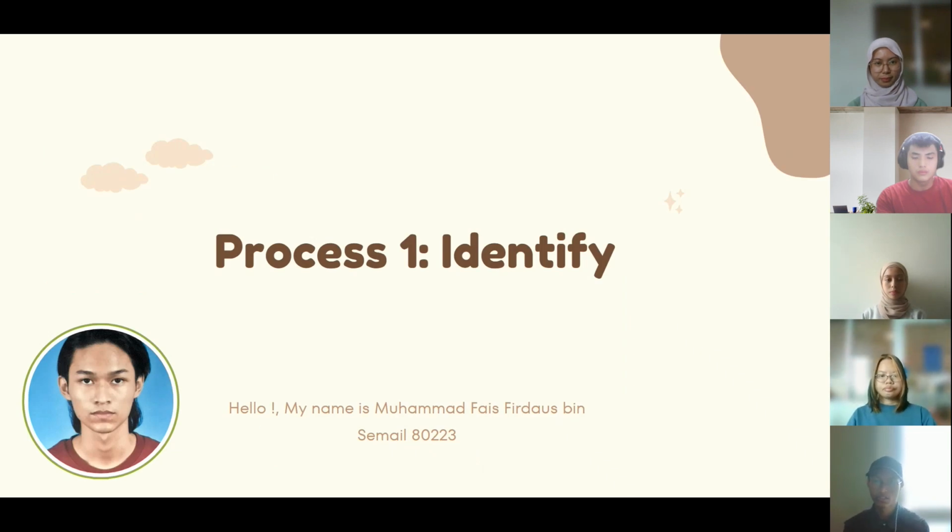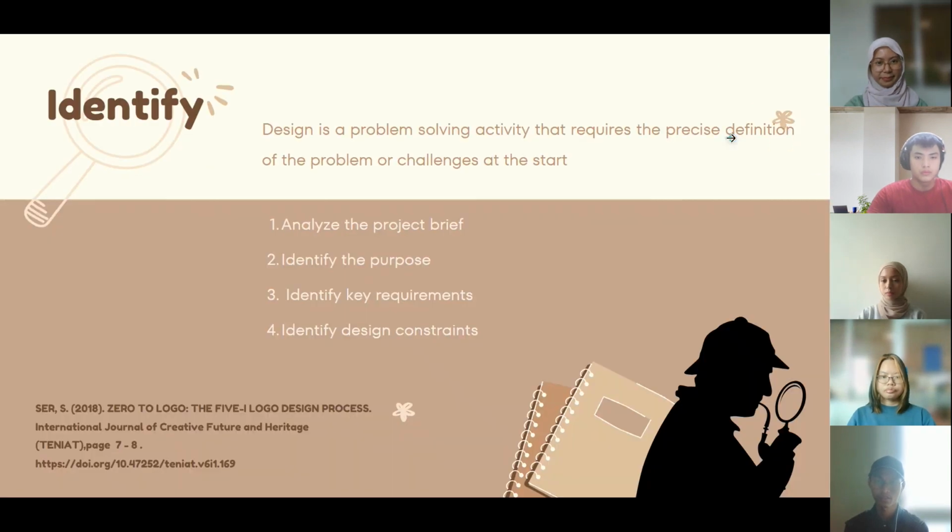We would like to discuss more about this topic. So, the first step is identify. The first part is to analyze the brief. To analyze the brief is to have a precise understanding of what they want, like we need to inspect every detail. Next, we need to identify the purpose. Understand the client's need, like point out the reason from what the client asks us to do.